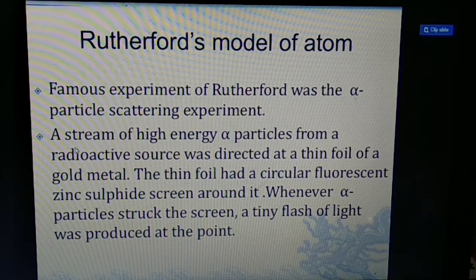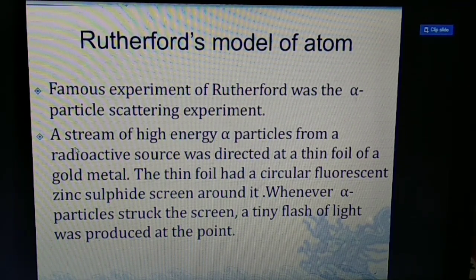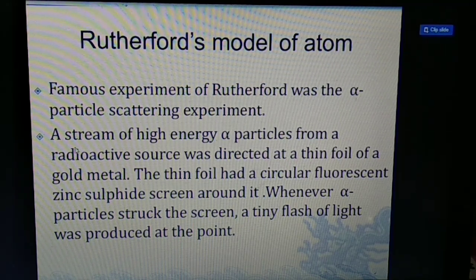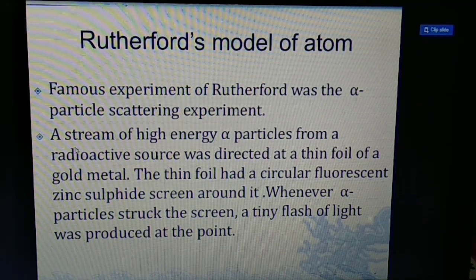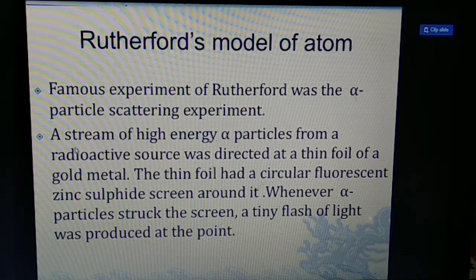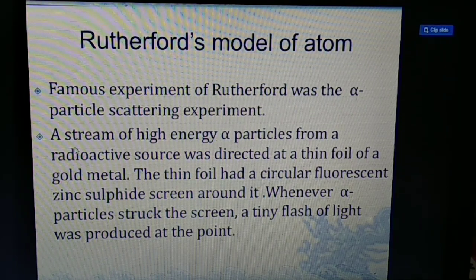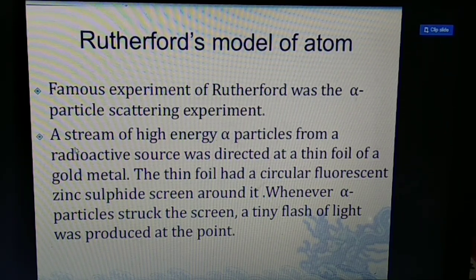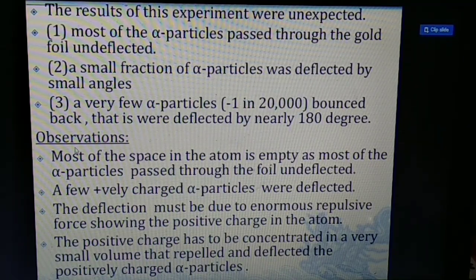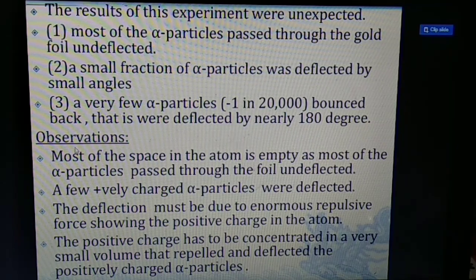Few alpha rays bent through a small angle, and a few alpha rays bent through a large angle. But maximum alpha rays passed without any deviation, and from the observation, the results of the experiment were unexpected. Most of the alpha particles passed through the gold foil undeflected.